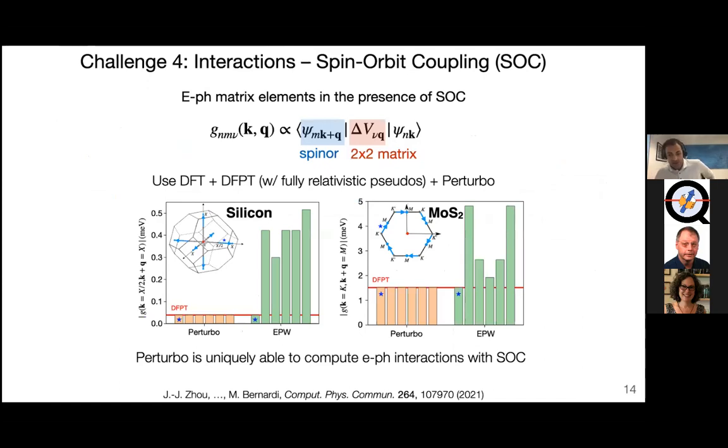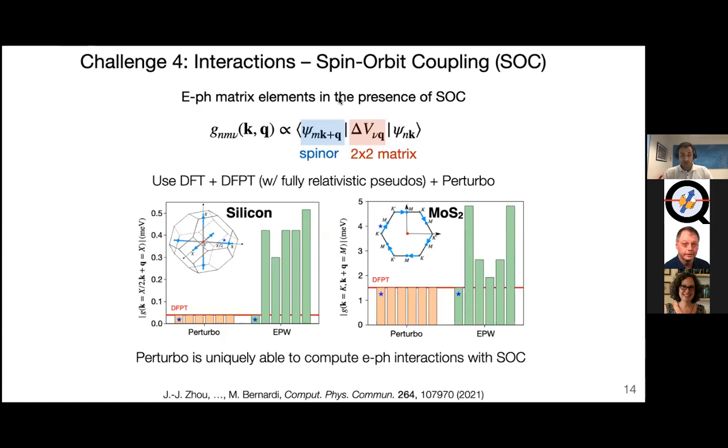Okay, I will now come to a central topic for quantum materials, which is the electronic interactions. Now, many materials, but in particular topological materials, have heavy elements which have a strong coupling between the spin and orbital degree of freedom.